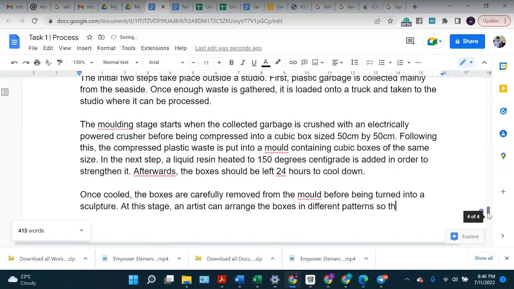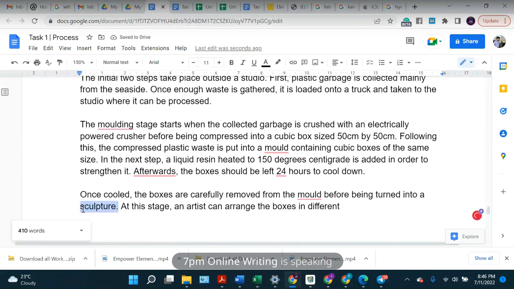Can we say installations here? Because that's definitely... No, I mean, instead of sculptures. No, in different... Really? Here, maybe? No. In this sentence.